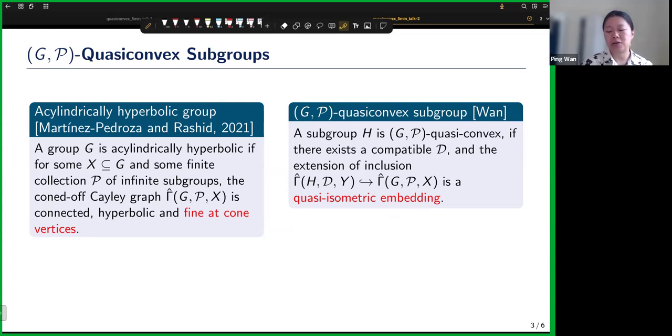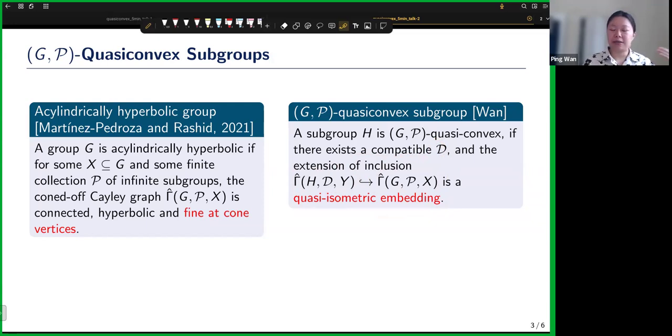So I define a subgroup H to be GP quasi-convex if there exists a compatible collection of subgroups of H such that the extension of the inclusion of H in G, extended to the cone-off of the Cayley graph, is a quasi-isometric embedding.